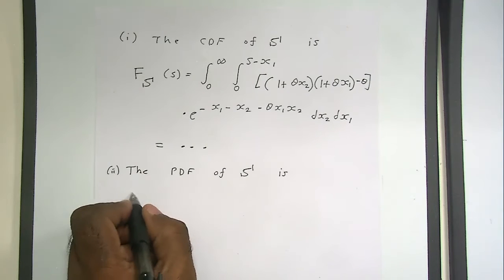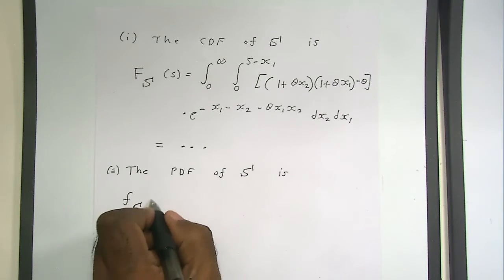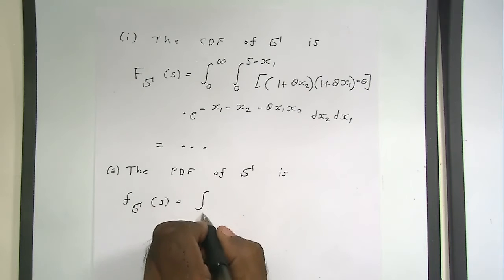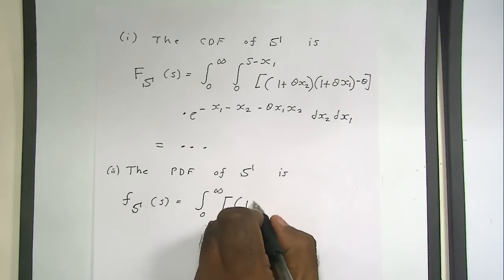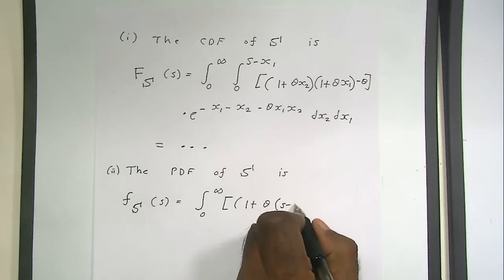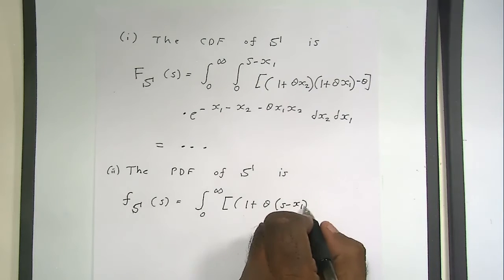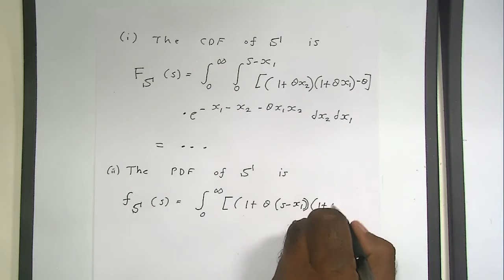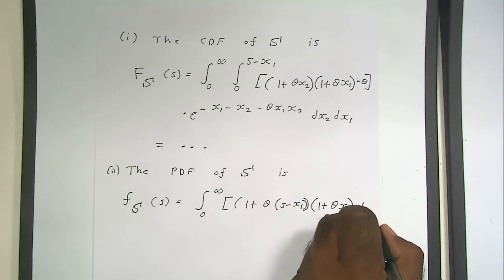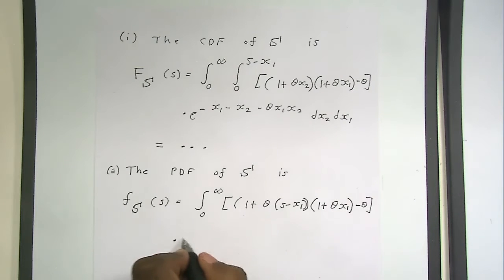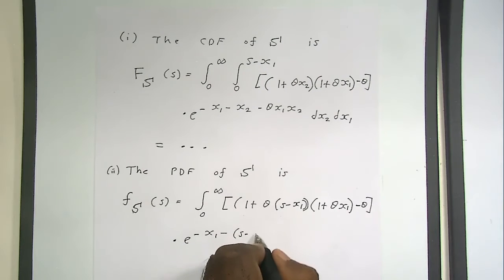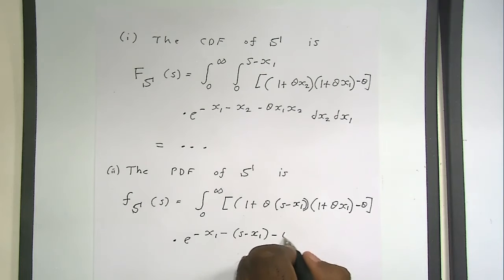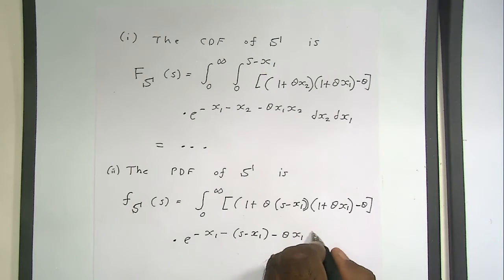So you will get the integral from zero to infinity, times e to the minus theta x1, dx1.